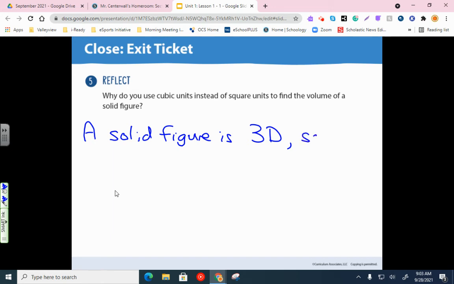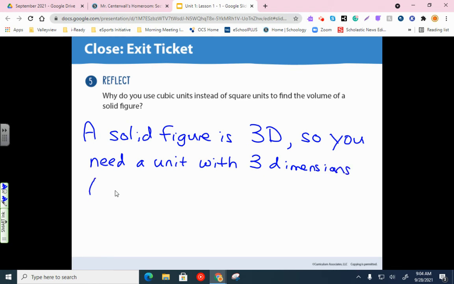So you need a unit with 3 dimensions. And those, again, just a reminder, those 3 dimensions are length, width, and height. And don't write them out because you can abbreviate those. Length, width, and height. So that makes sense for that.